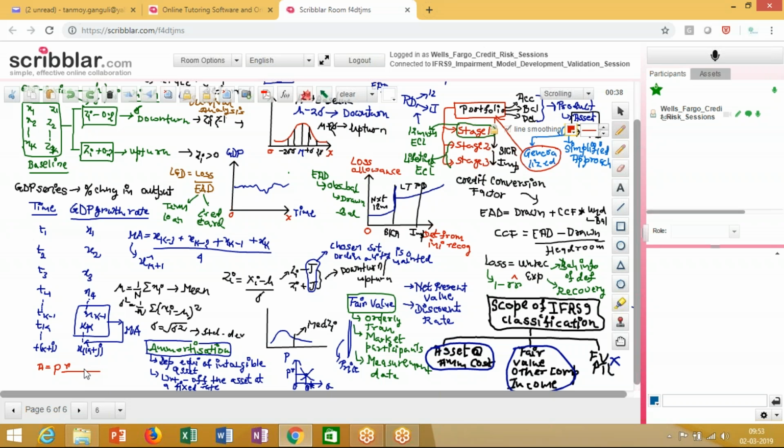The next input is the rate of interest, R. So it is dependent on the rate of interest.